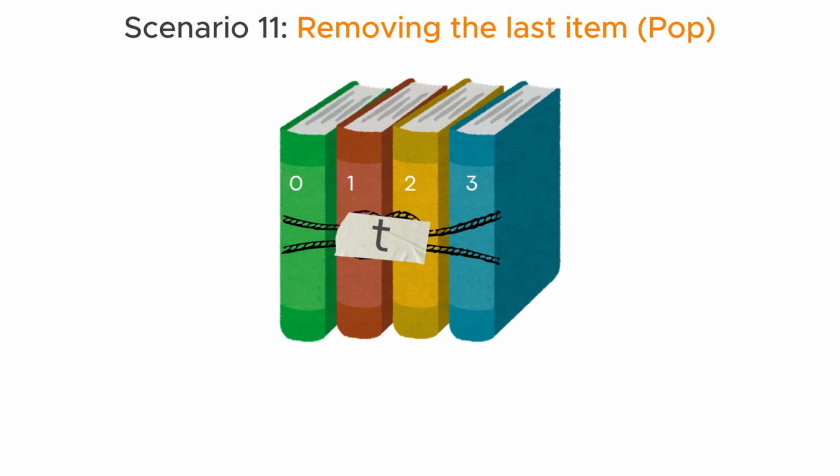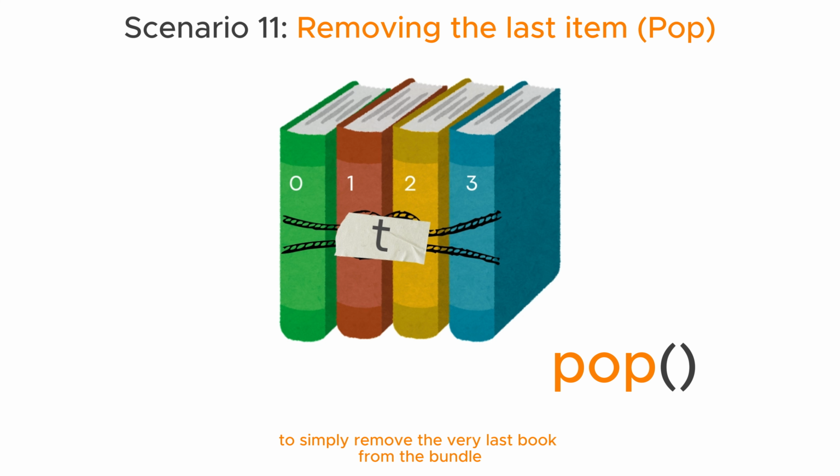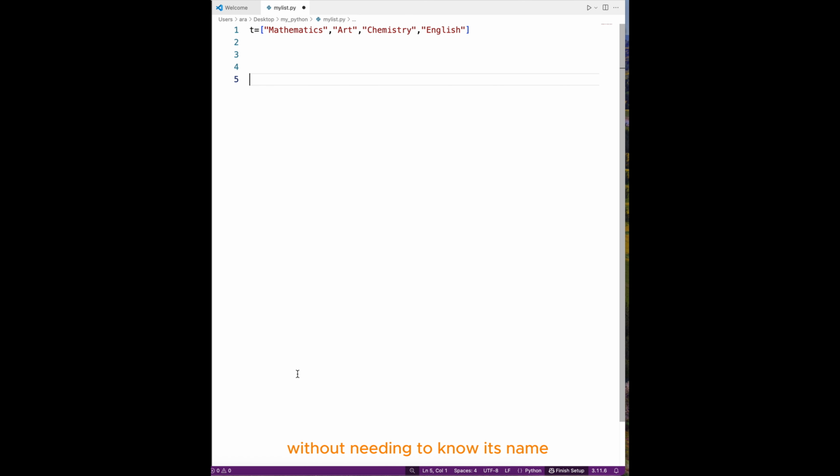Scenario 11. Removing the last item. Pop. How do we tell the librarian to simply remove the very last book from the bundle without needing to know its name? Print current bundle T. Remove book equal to T.pop.